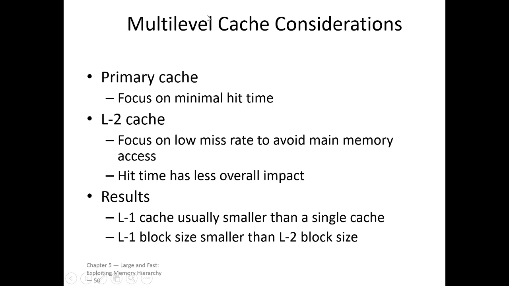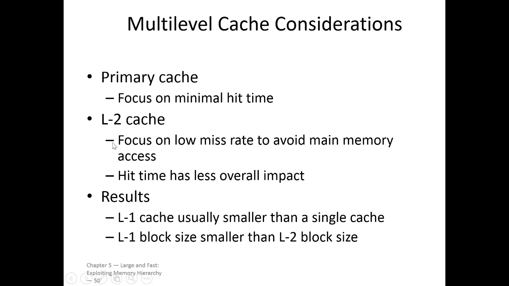So, big picture, what are some trade-offs from multi-level cache considerations? With the principle of locality and recency, temporal and spatial locality, you want data close and often. That's what you want for your primary cache.